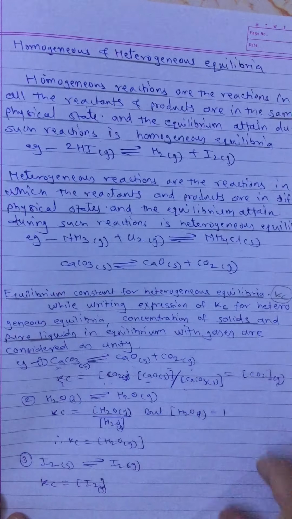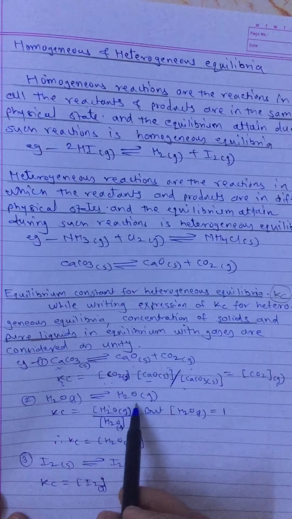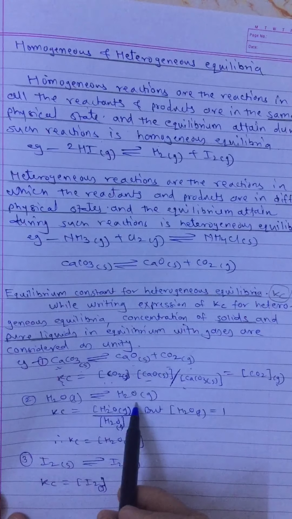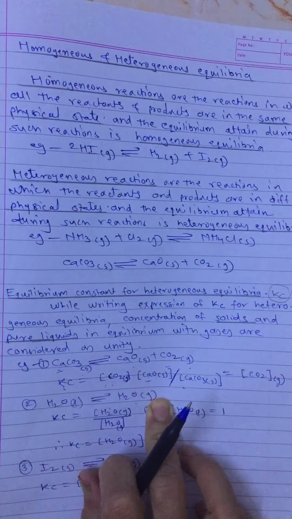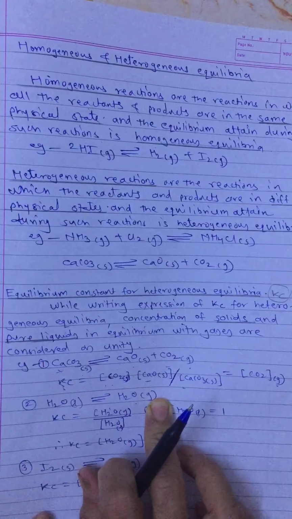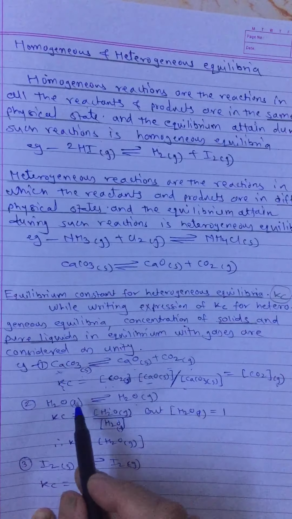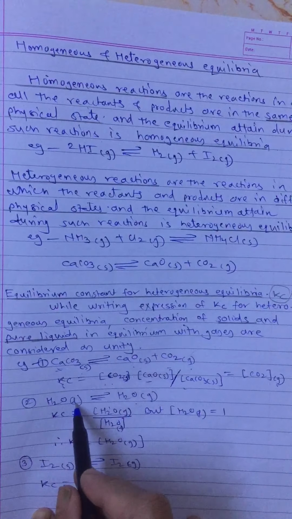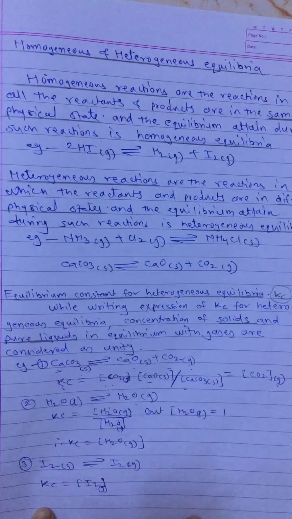If you take one more example, H2O liquid into H2O gas. For gaseous phase, the number of moles changes very fast. But for liquids, the number of moles per liter remains constant.